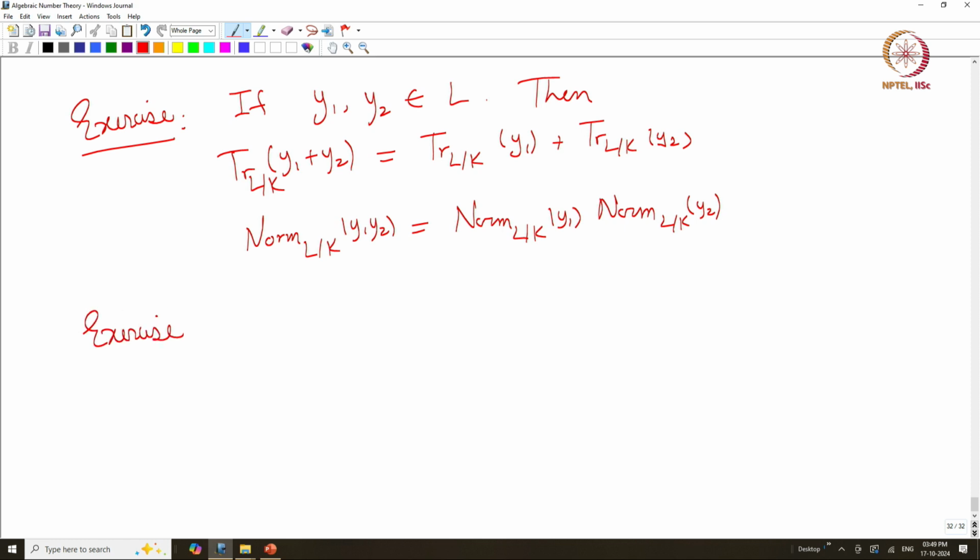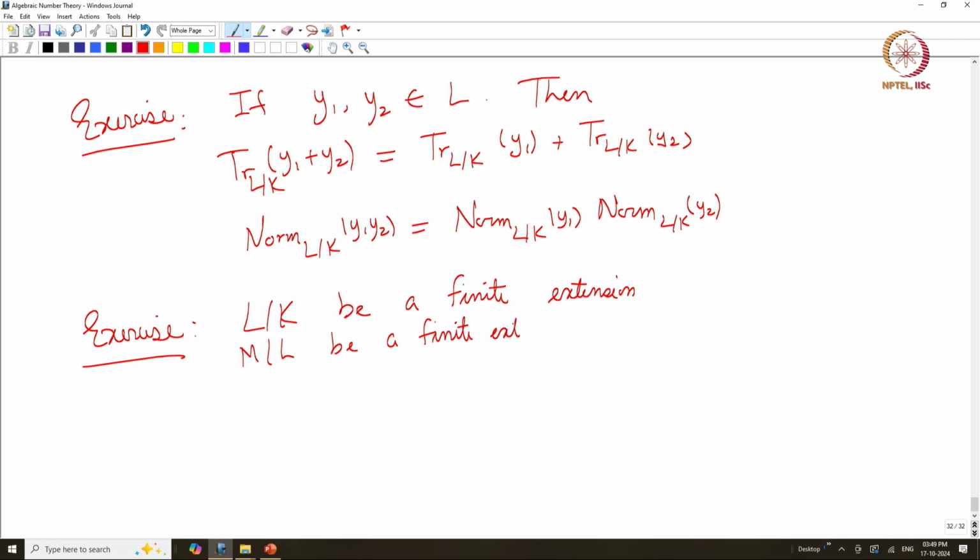So, exercise. Let L over K be a finite extension and M over L be a finite extension, and let Y be an element in L, the intermediate field.